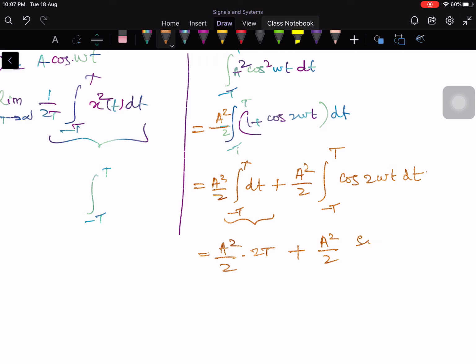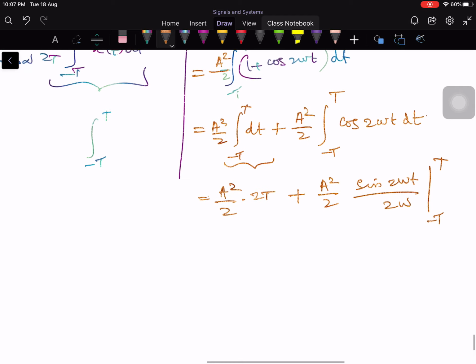If you integrate, you will get sin 2 omega t divided by 2 omega, and the limits are minus T to plus T. So therefore, A squared over 2, this 2 and this 2 will get cancelled, giving A squared T, plus A squared over 2 times 2 times 2, it is 4 omega.